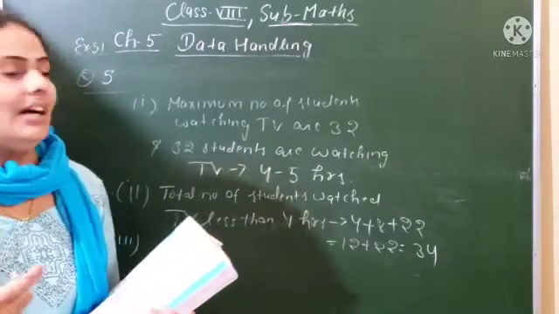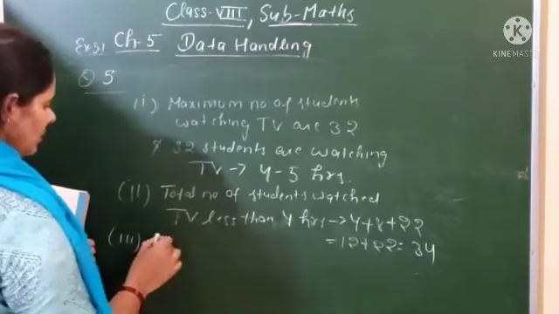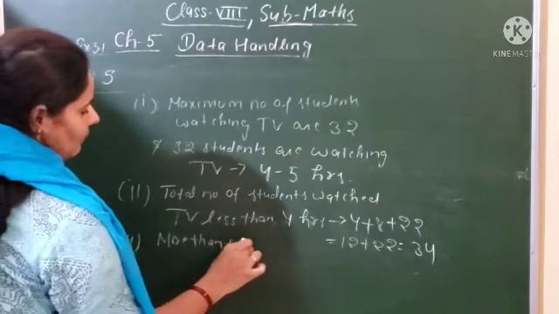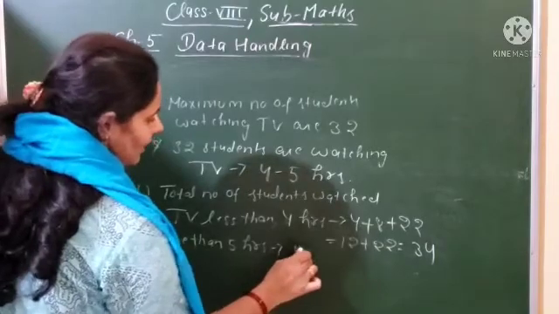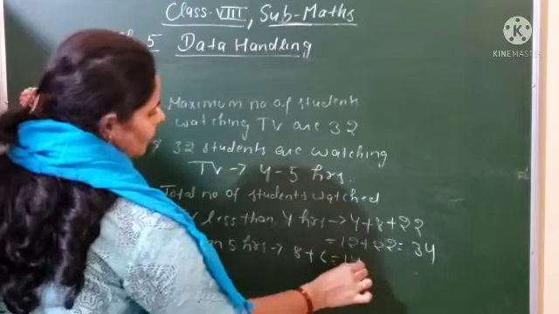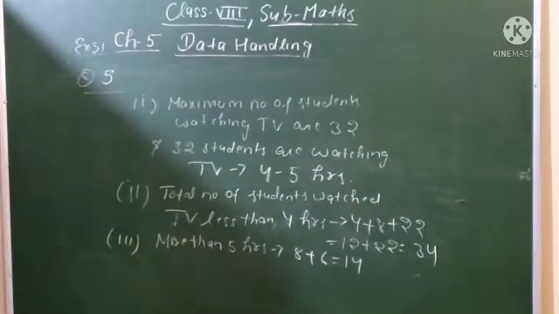So you will write the total number of students for more than 5 hours. 5 to 6 is 8 and 6 to 7 is 6. So 8 plus 6, total 14 students.